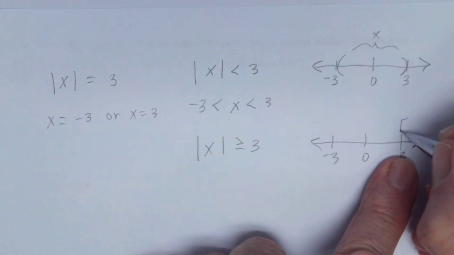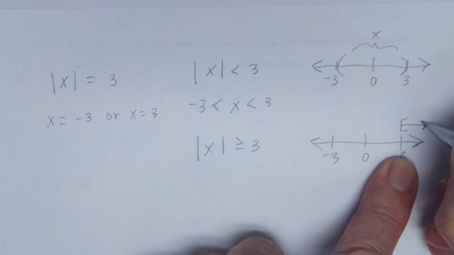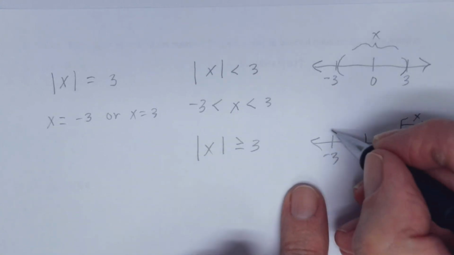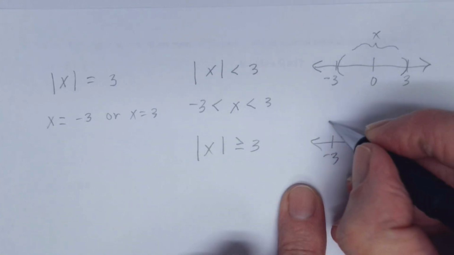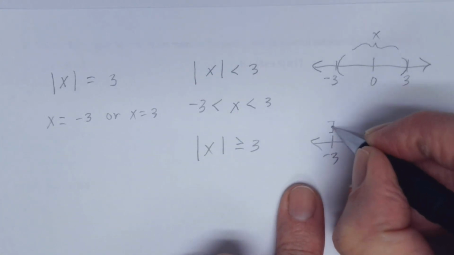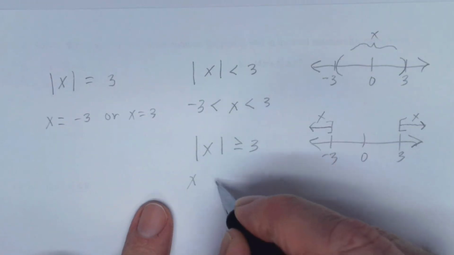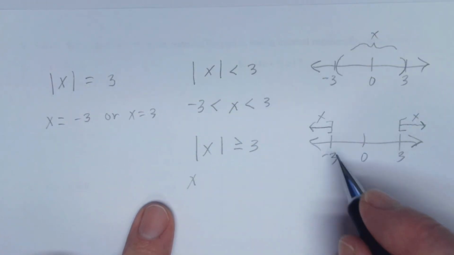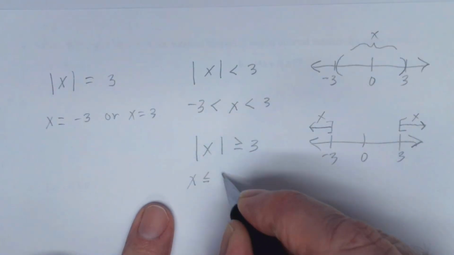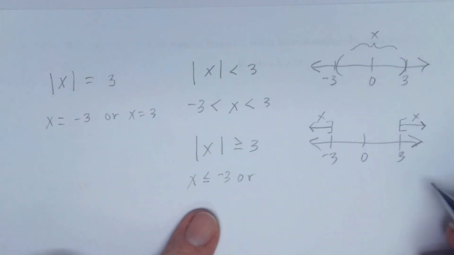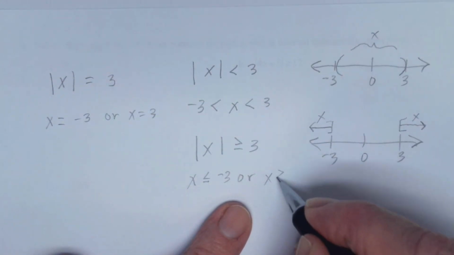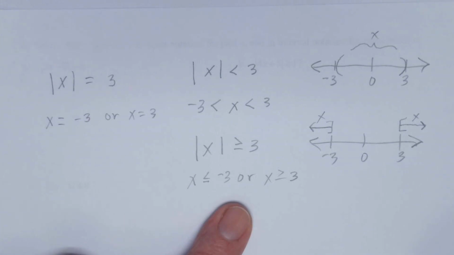Well, that would be these numbers out here. So x is either over here. Because of the equal sign, notice I'm using a bracket, or it's over here. So we would say x is less than or equal to -3, or x is greater or equal to 3.